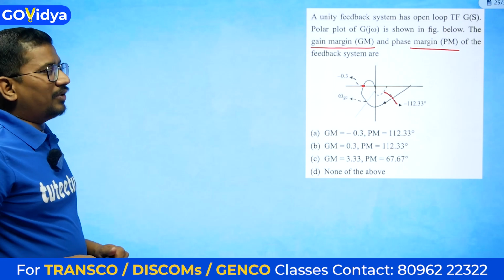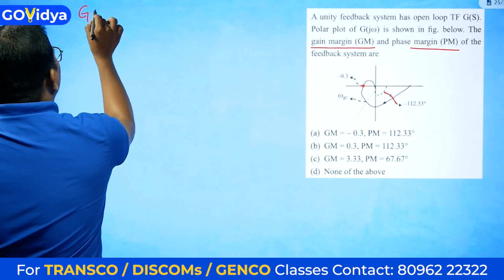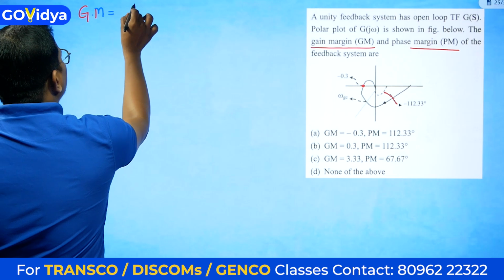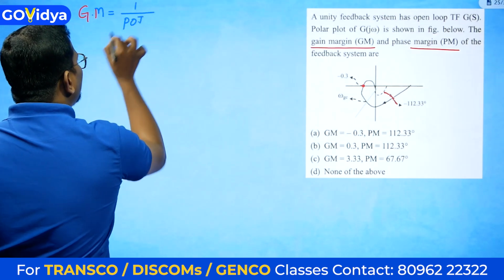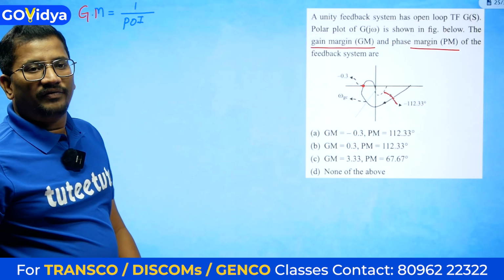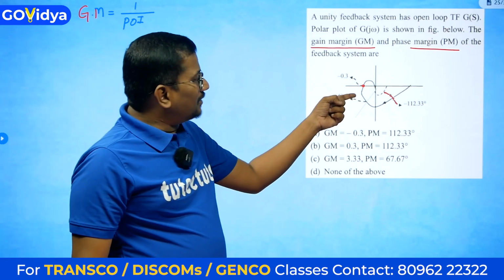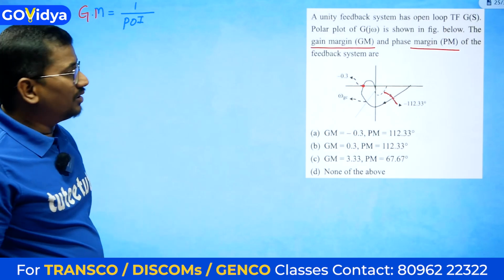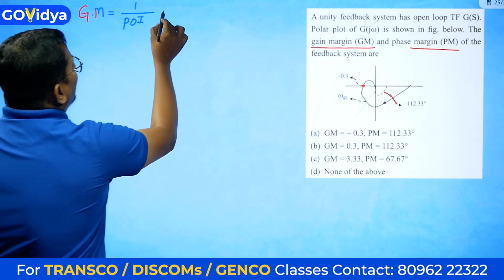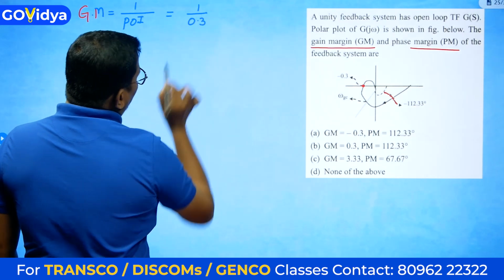In a polar plot, the gain margin definition is 1 upon the point of intersection, POI. So here the point of intersection is at minus 0.3, or generally we will call it 0.3. So what is that value? 1 upon 0.3 magnitude.